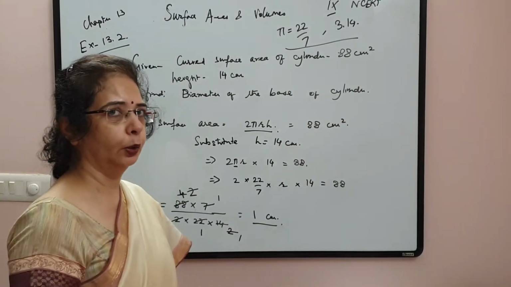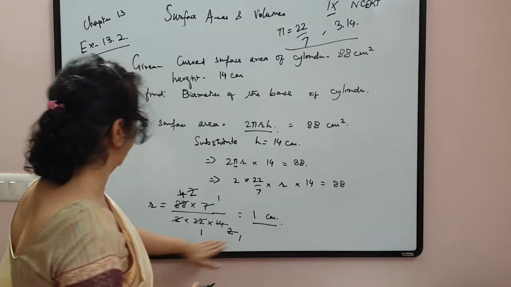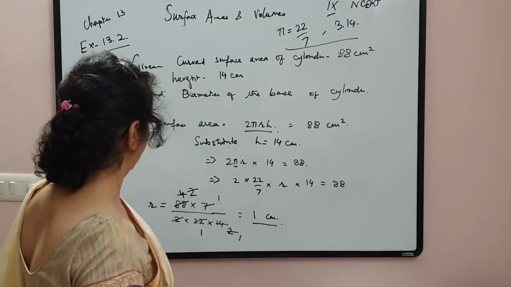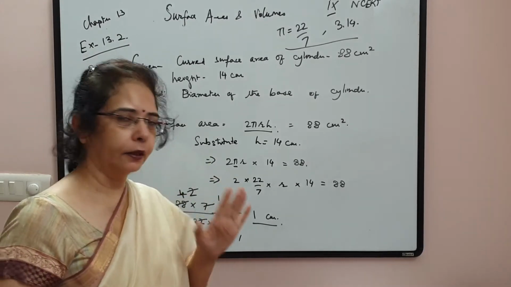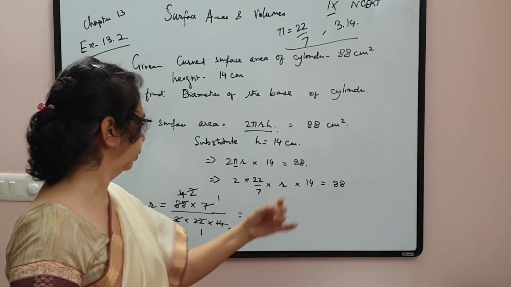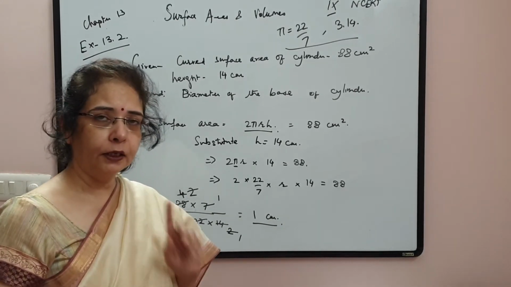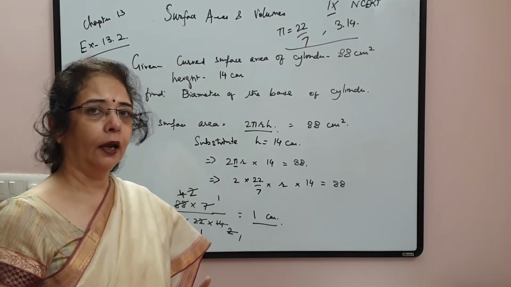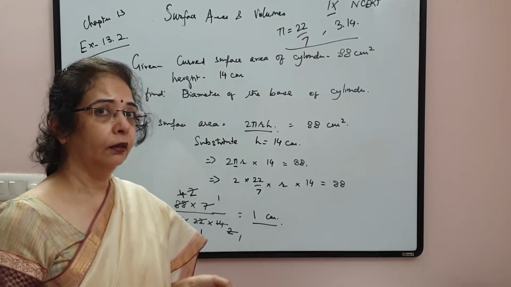Repeatedly I keep telling you, children, don't get into the habit of doing all this calculation. Now suppose you were calculating. To calculate r, first multiply 88 by 7. Then multiply 2 into 22, then 14. And then you sit down to divide. Imagine how much time you will waste. And imagine the number of mistakes you are likely to make.